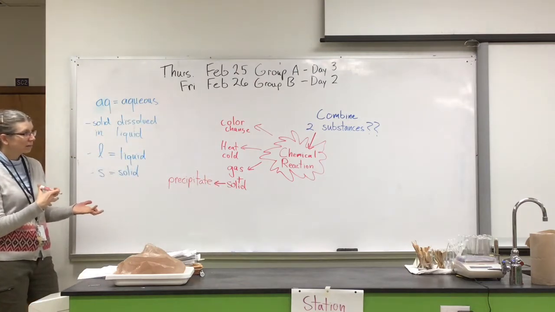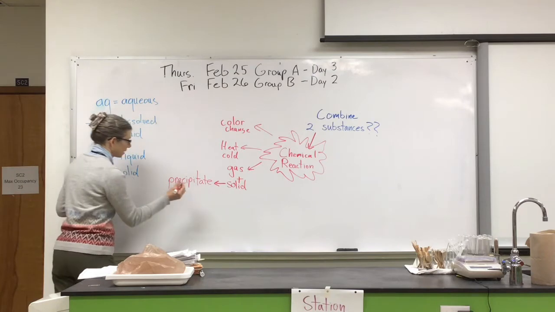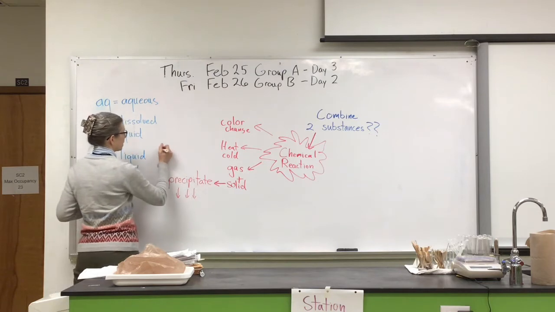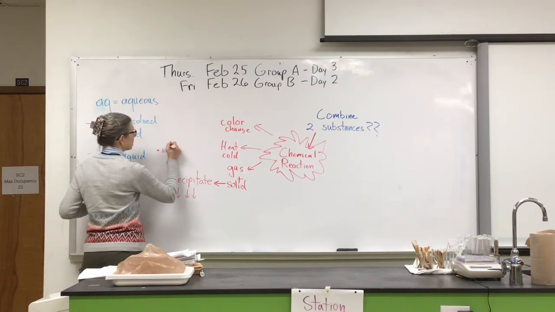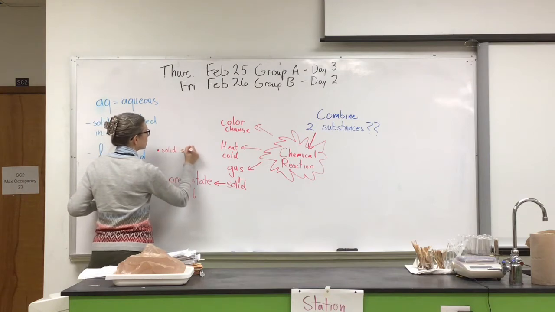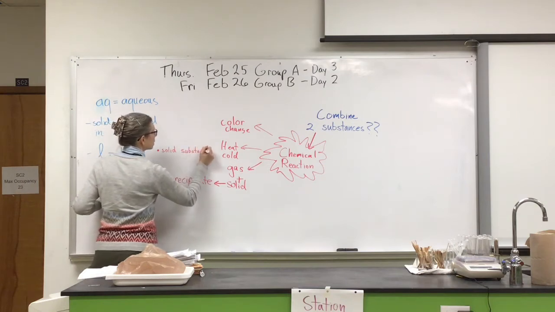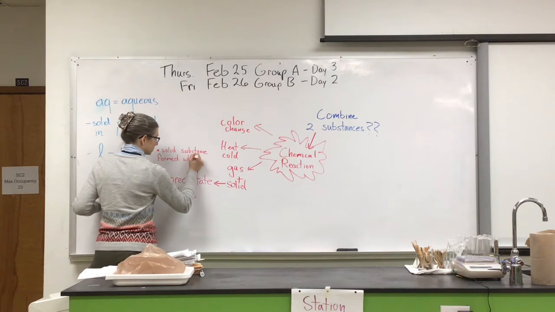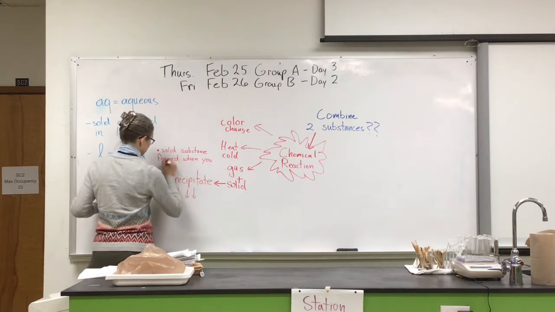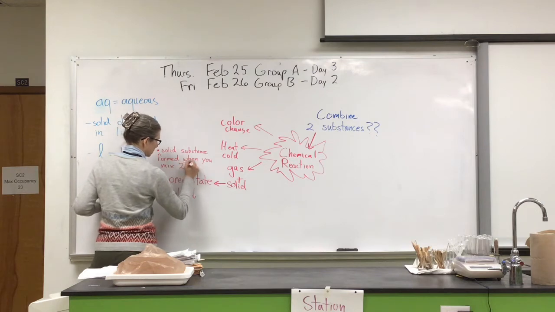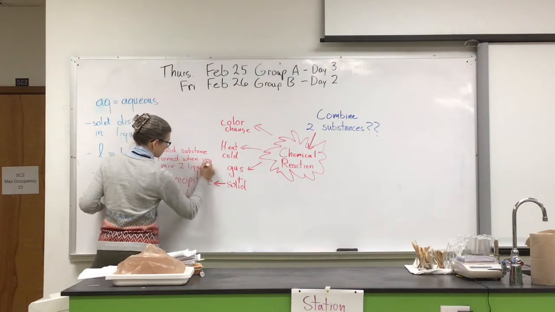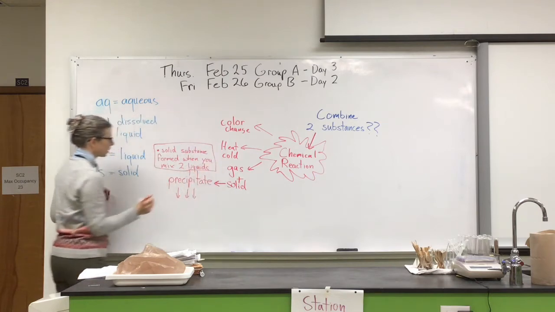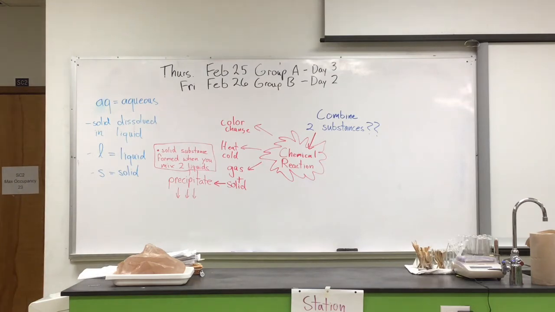That's describing a solid substance that forms when you mix two liquids, and that is going to settle out of the solution. I'll put the explanation up here. This is the definition of a precipitate: a solid substance that forms when you mix two liquids.